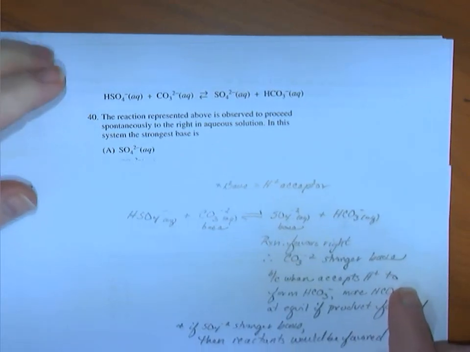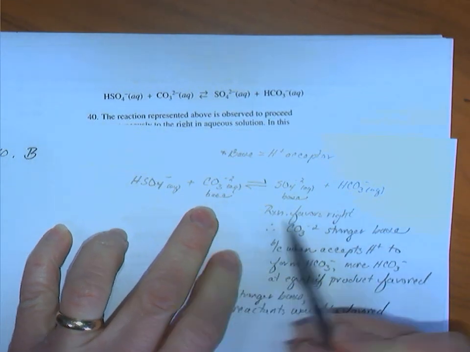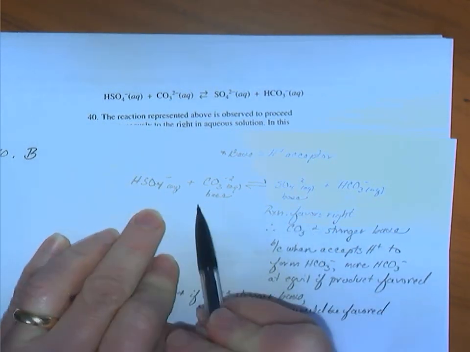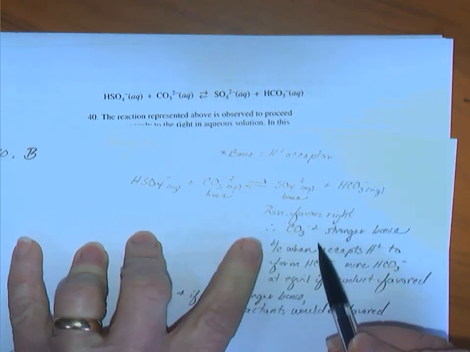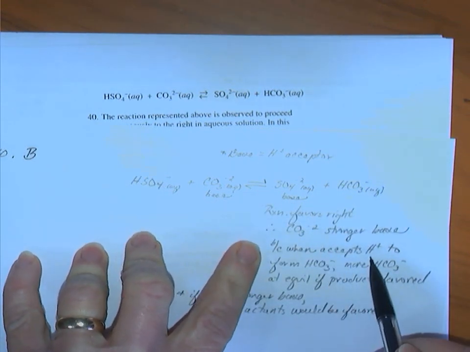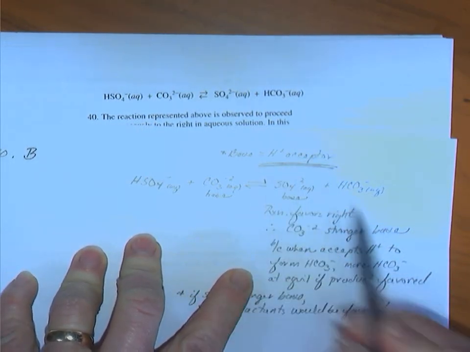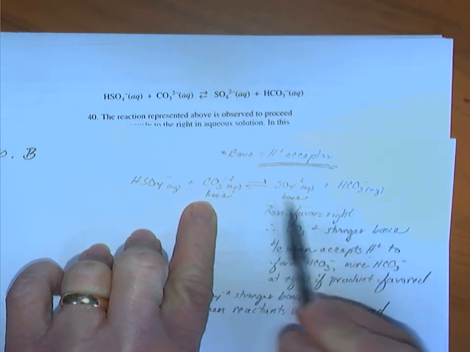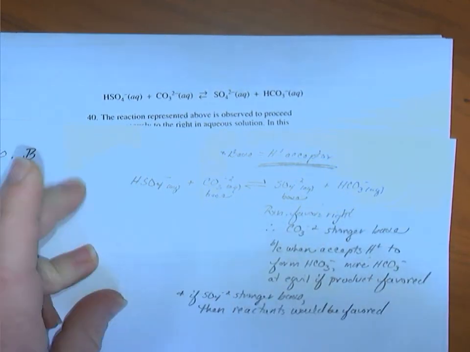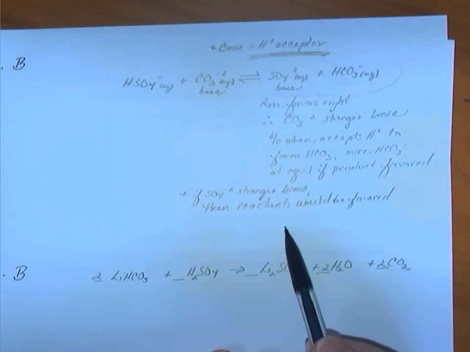So in this reaction that's shown, both carbonate and sulfate are acting as bases. This in the forward direction and this in the reverse. The stronger base will keep a hold of the hydrogen ion. That is its job. It accepts the hydrogen and holds on to it. So if we have more product, that means this is the stronger base. If the sulfate were stronger, then we'd have more reactant.